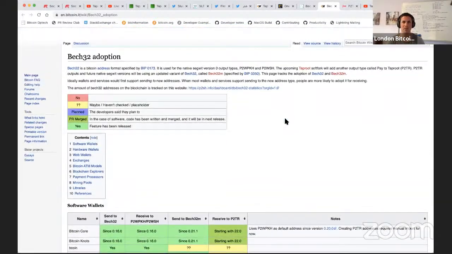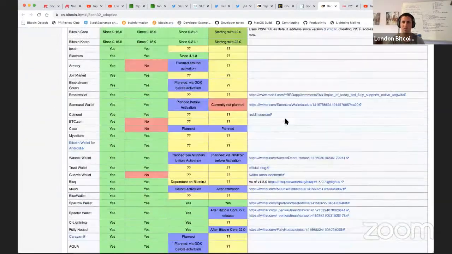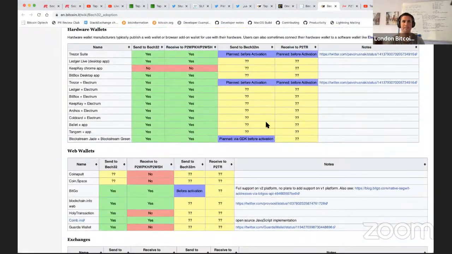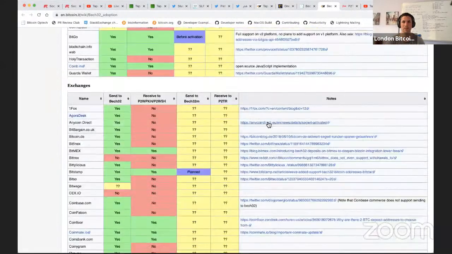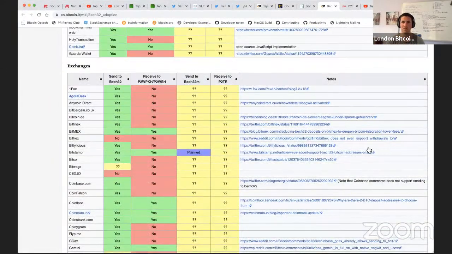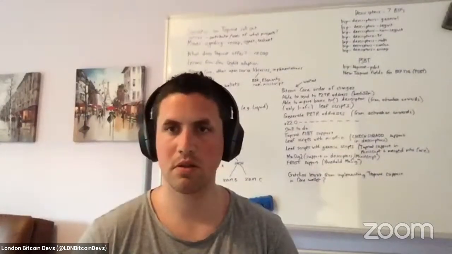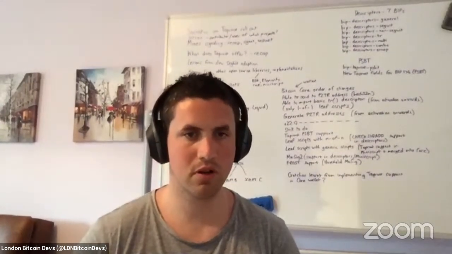Any comments on this? Has anyone looked through this wiki that Merch has put together? See any hands? No. Okay, we'll move on.